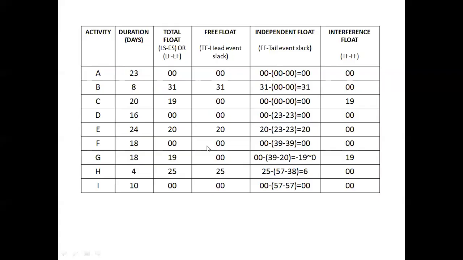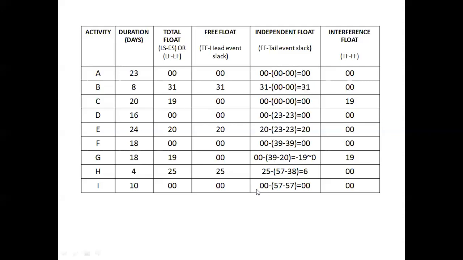This 19 has to be subtracted from the free float, that is 0, 0. 0, 0 minus 19 will give minus 19, and it has to be considered approximately as 0, meaning there is no tolerance at all. Minus means no tolerance. Strictly it has to be started on the scheduled time.